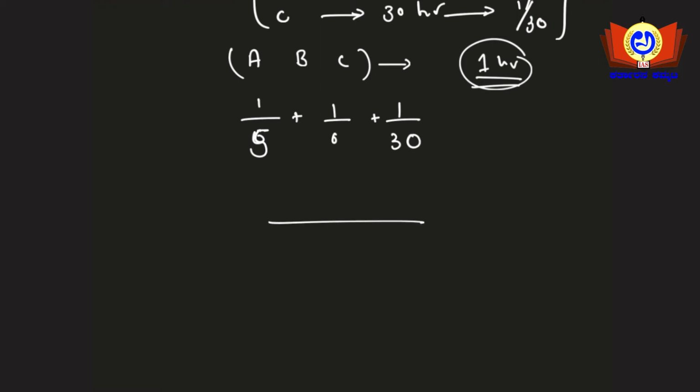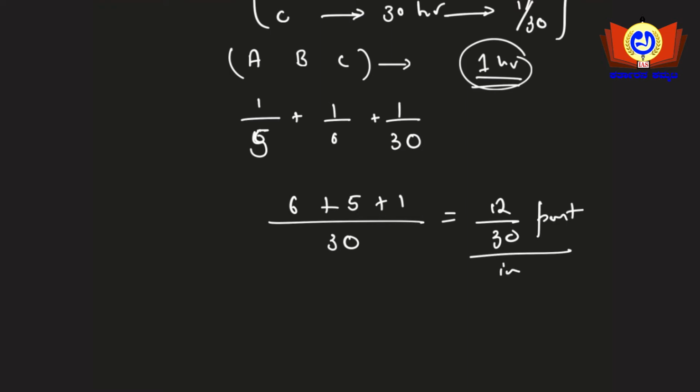So 30 will be the LCM here. 5 6s are 30, so 6, plus 5, so plus 1, so 6 plus 6 plus 1... 12 upon 30th part of the tank will be filled in 1 hour if pipes A, B and C are simultaneously let open.